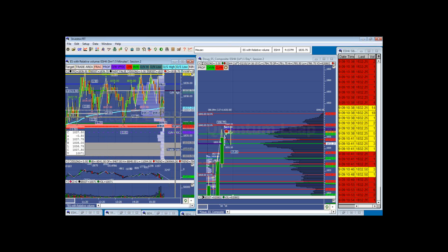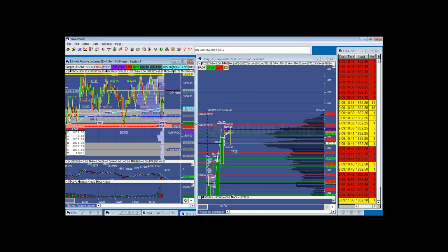And then if we can get above that, I'm looking for a test of this 36 and a move up to this CHVN at 3650, which is also our value area low. And that will be an area that I'll be looking for possible sellers to step in and hold us outside of that value.